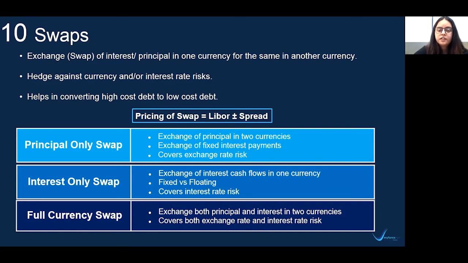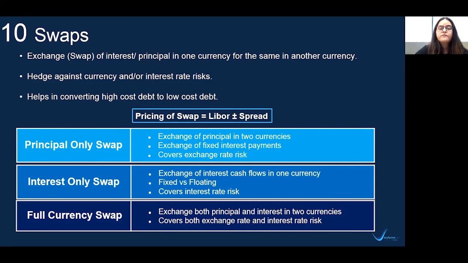In case of interest only swaps, there is exchange of interest cash flows in one currency. Interest only swap includes a fixed leg and a floating leg. That is, in one leg the interest rates are fixed, while in other leg the interest rates are variable. This swap covers the interest rate risk of the exporter or importer.